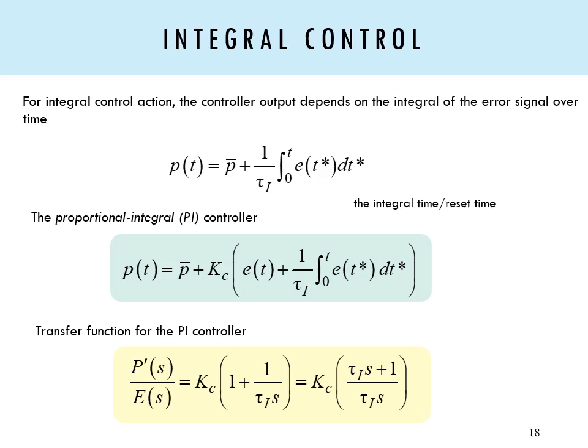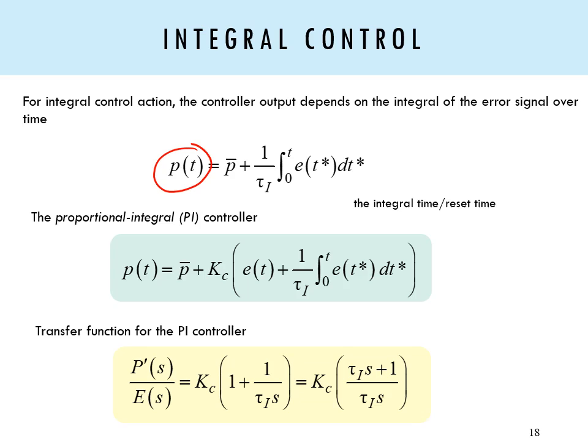Now we're going to learn about the second term of the PID controller, which is the integral term. For integral action, the controller output, which is P(t), depends on the integral of the error signal over a unit of time.